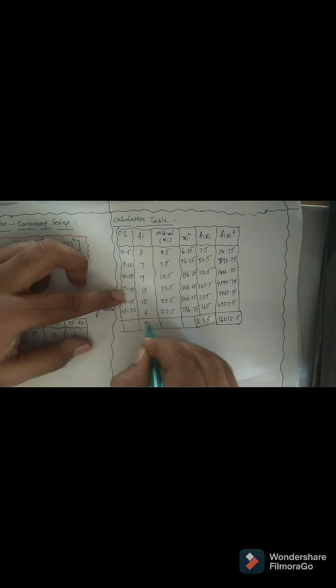Okay. Now we go for calculating the required values. So let us finish this table. Now what is the fi total? The fi total is going to be 50. Not required this information. Now what is the first thing we calculate?